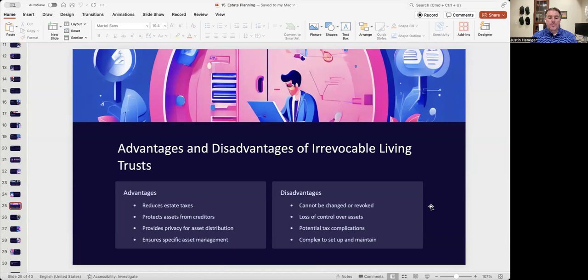It is irrevocable. And with that, you lose control over being able to do with those assets what you would like. Now, there can be some complexity in setting these up, and there's some potential tax consequences. Again, you are giving assets away, so you need to be mindful of how those are going to impact your tax liability.